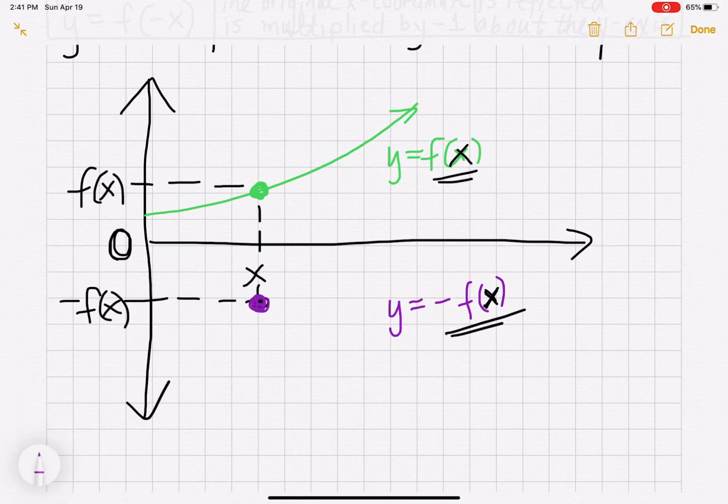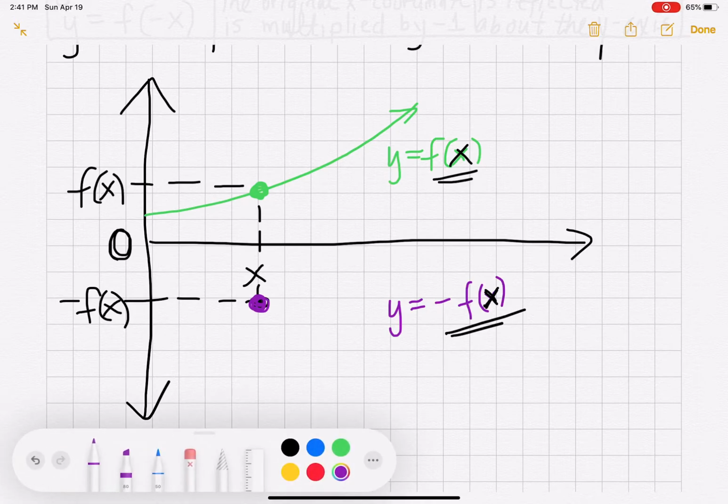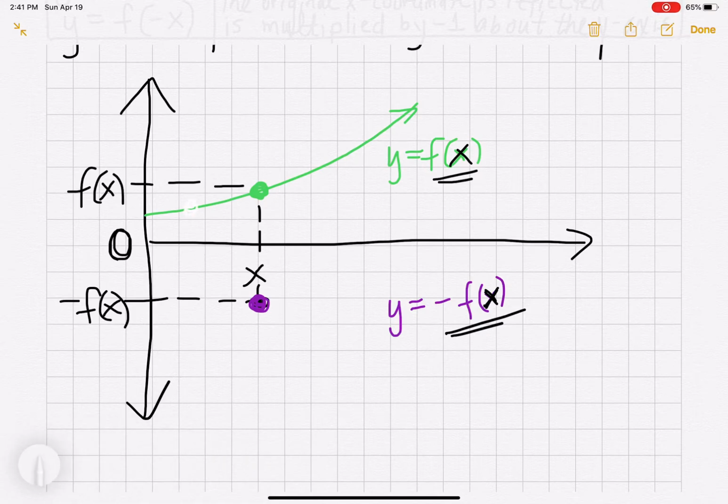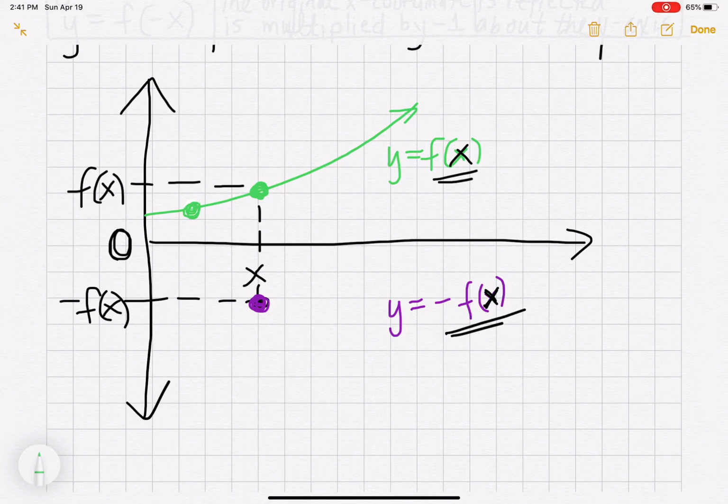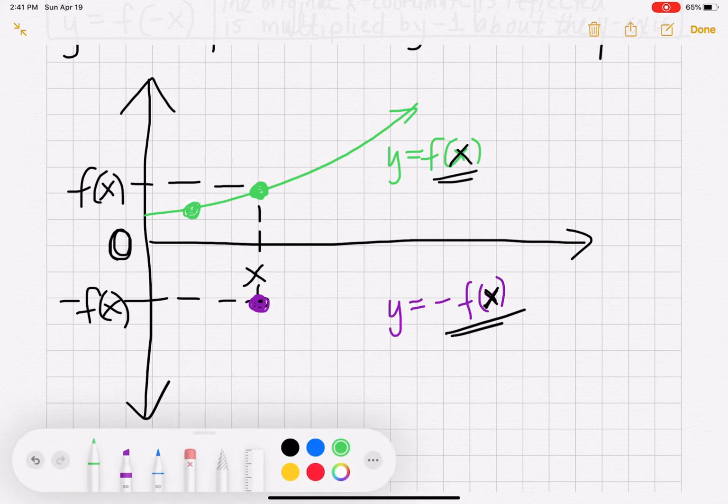So that is basically the green point, right, flipped upside down. So if I were to take another green point here, a little bit to the left of the first one, that one would flip upside down too by this logic.